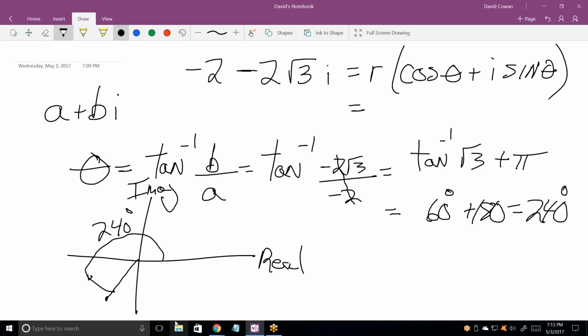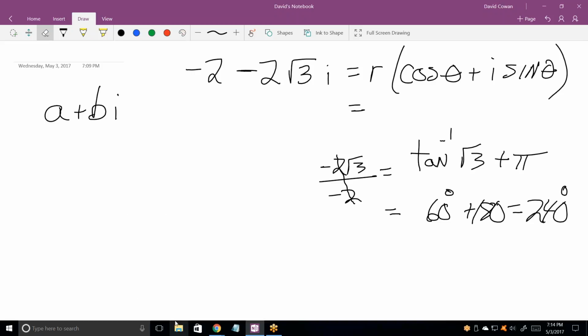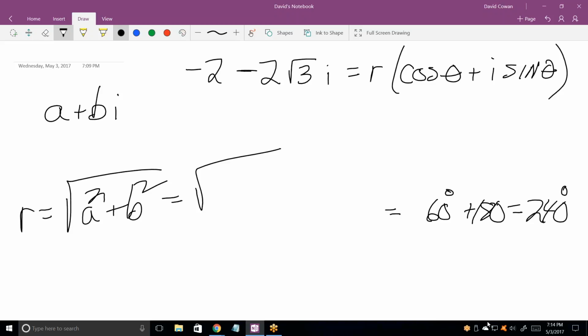So now, what's r? How do I figure out r? Think of it as the Pythagorean theorem. It's going to be the square root of a squared plus b squared. That's what r is. So in this case, it's the square root of 4 plus 12, 16, so r is 4.